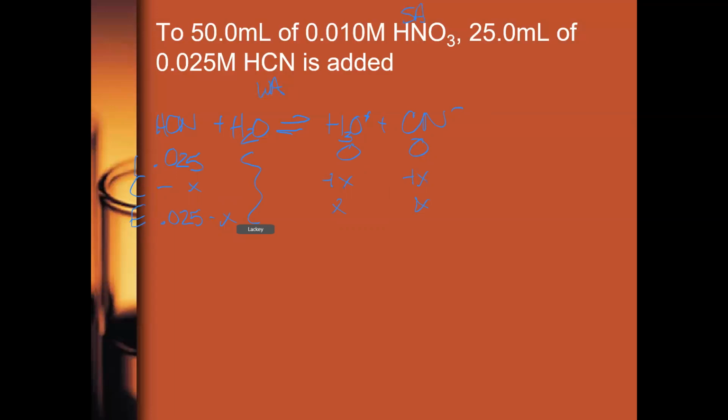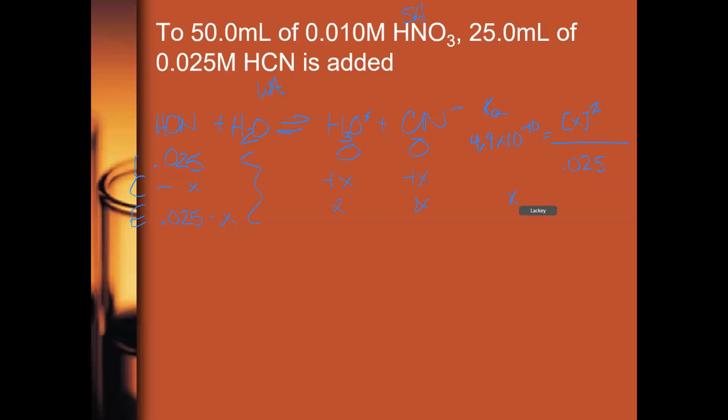And if we look at the Ka value for hydrocyanic acid, it is 4.9 times 10 to the negative 10th. So when we plug that in, we end up with the X squared, where we combine the X times X, divided by, we can ignore X in our hydrocyanic acid, the 0.025.